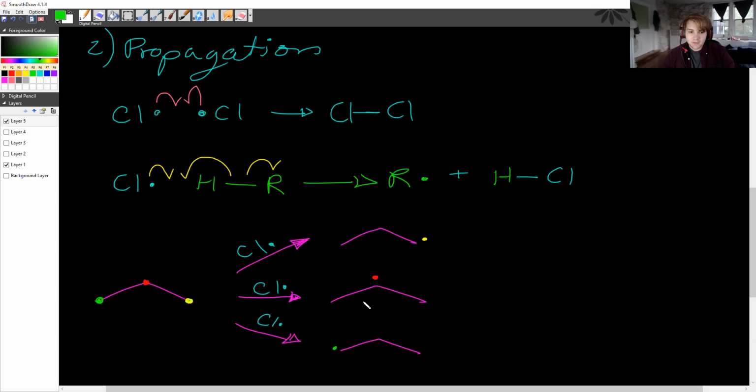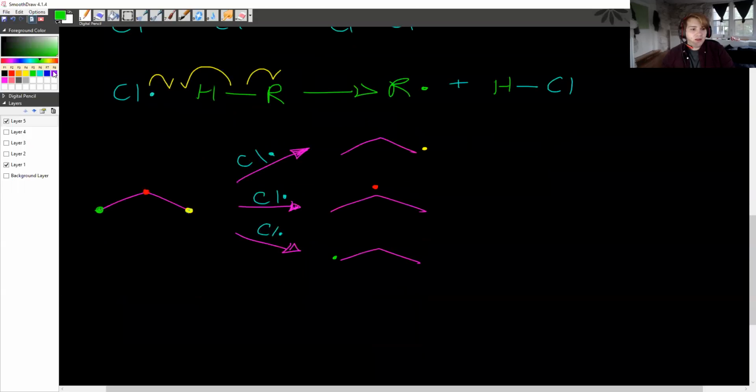What's interesting to know as well is that we can get a fourth radical, where it's possible that when the chlorine comes up, instead of taking one of the hydrogens that's hanging around, it just decides to be a bully and create a bond with one of the carbons.